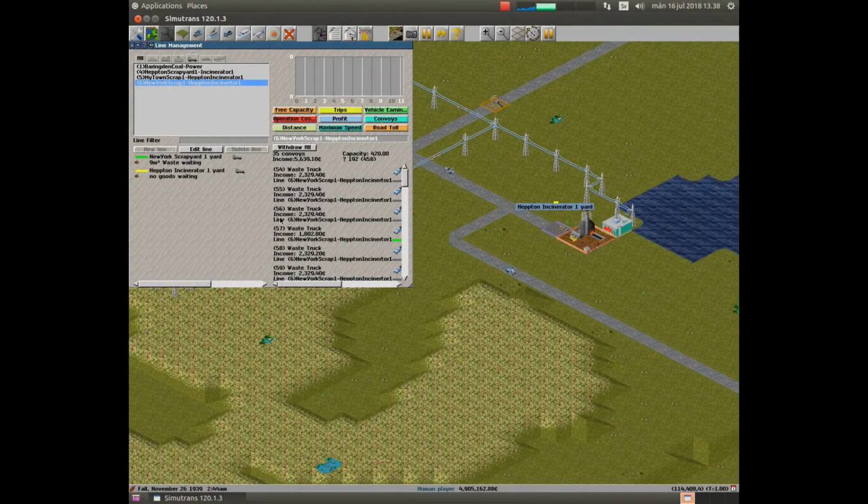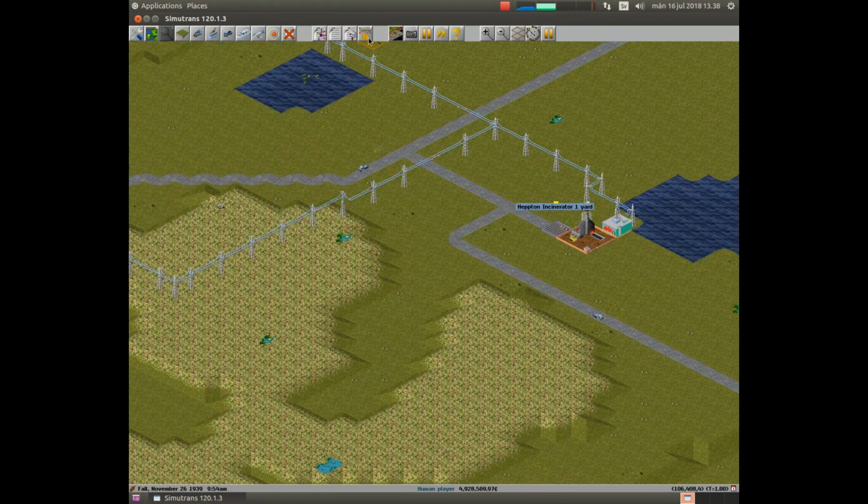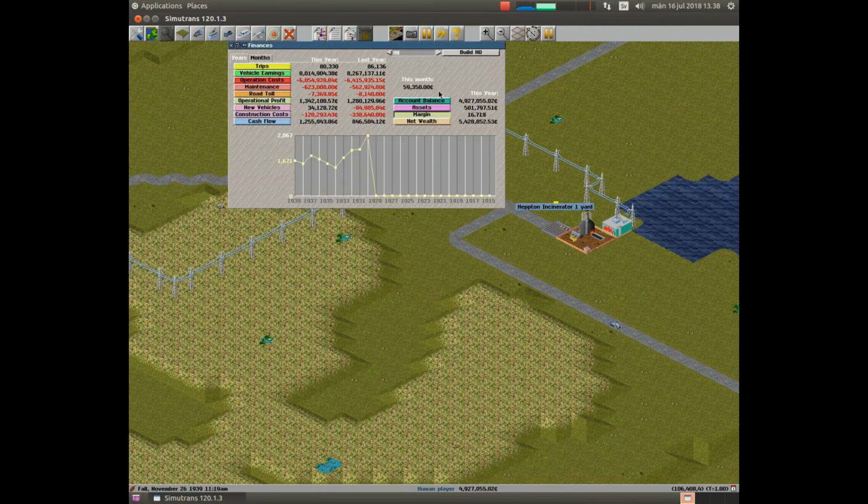If we take a look at road transport, we see that each line generates profit. However, if we go under finances and take a look here, we see the company generated profit, but we can also sort them by different types of vehicle.